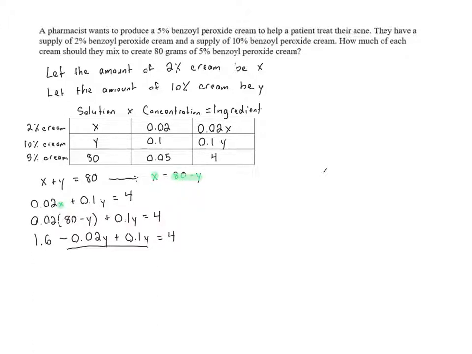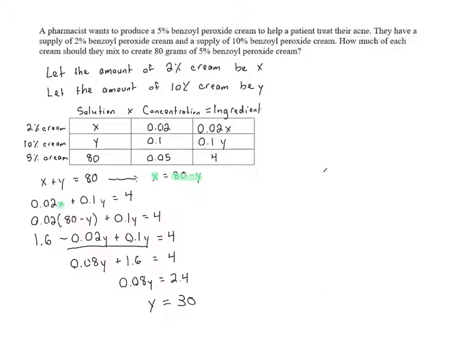Negative 0.02y plus 0.1y is equal to 0.08y. And then we have plus the 1.6, and that still equals 4. If we subtract 1.6 from both sides, that leaves us with the 0.08y on the left, and 4 minus 1.6 is 2.4 on the right. And if we divide both sides by 0.08, that gives us y equals 30.